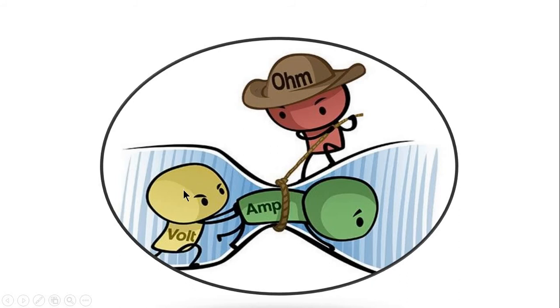When you turn on the power source or the battery, there will be some current flow through the circuit. This resistance will oppose the flow of current. For this calculation, Ohm's law helps us understand how much current will flow through a particular circuit.